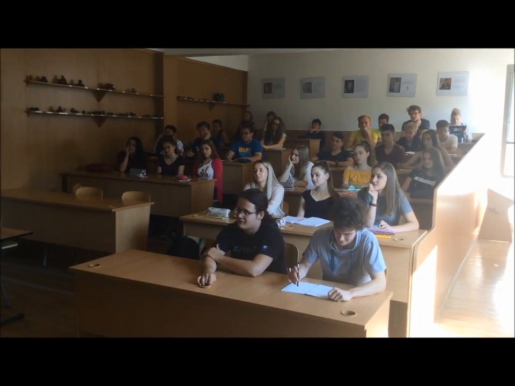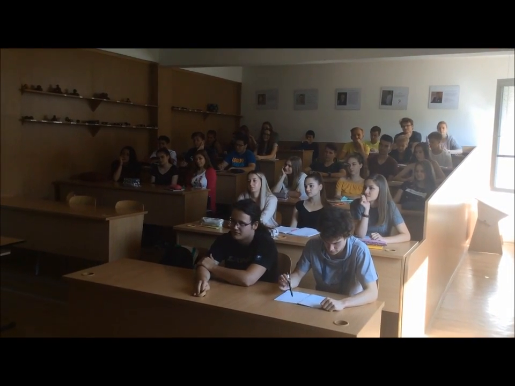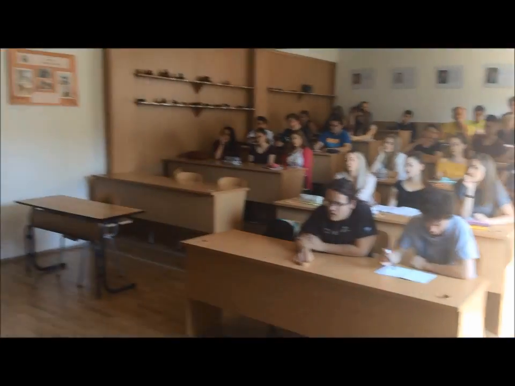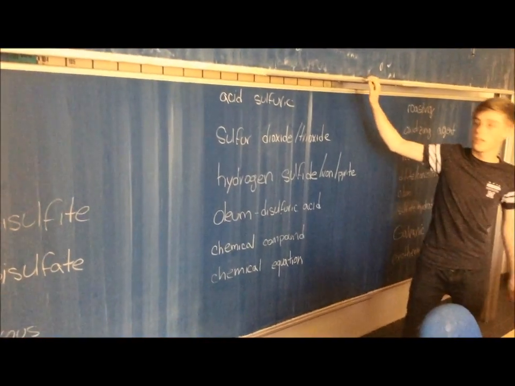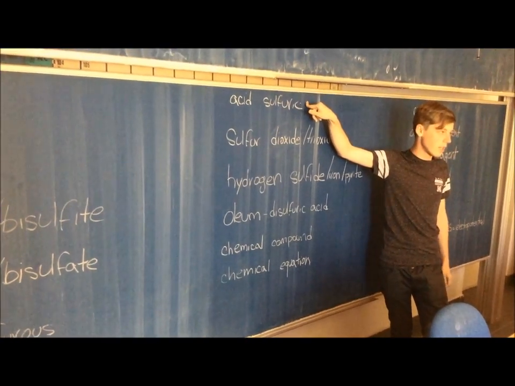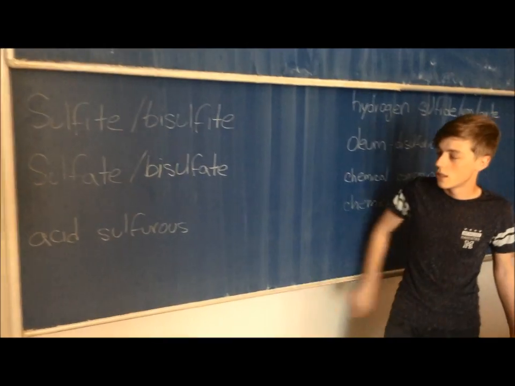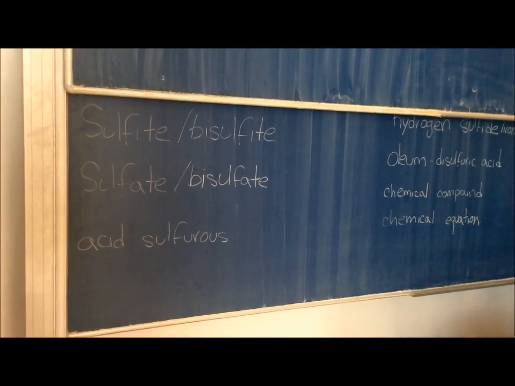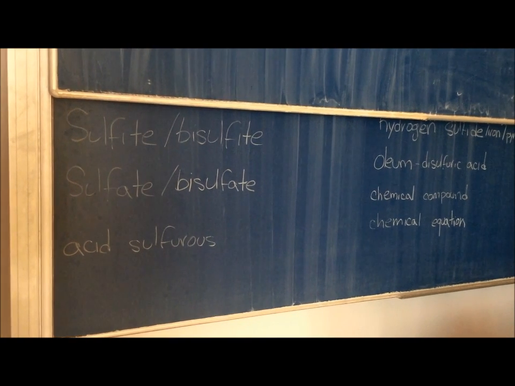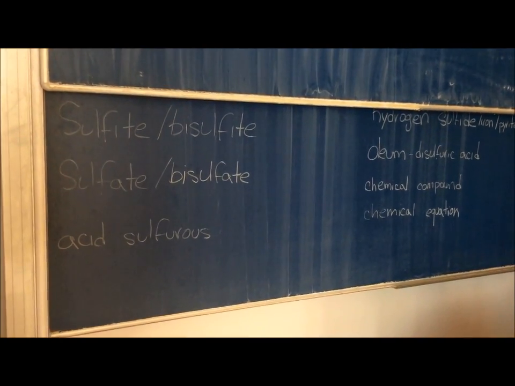Sírovou a? Yes, sířičitá. So, we have two. I hope you see. Sulfuric acid is one of them, and sulfurous acid is the second. So now, which one is sířičitá? What do you think?